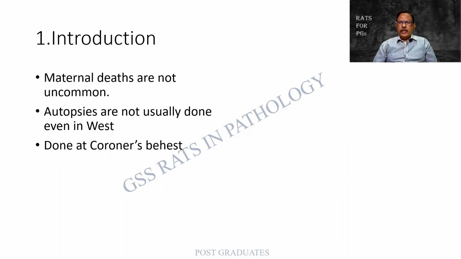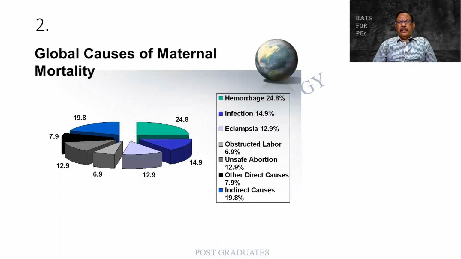Maternal deaths are not uncommon, even in the West. But there also, just like our country, autopsies are not commonly done unless it is at the behest of the coroner. We should understand that there is an increase in the global causes of maternal mortality. The common instances are given in this.